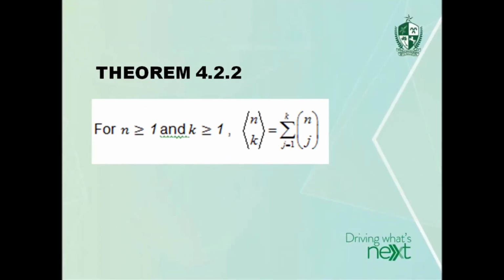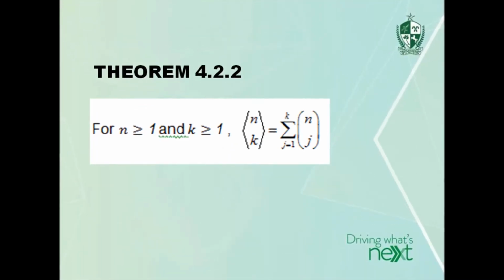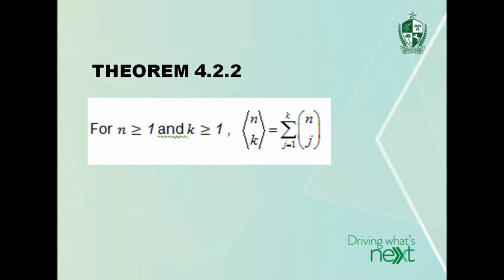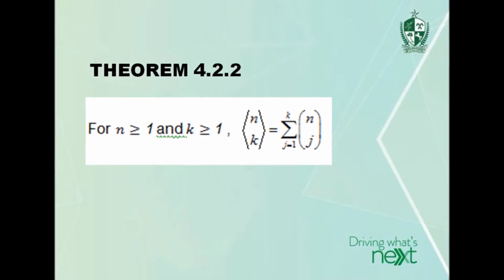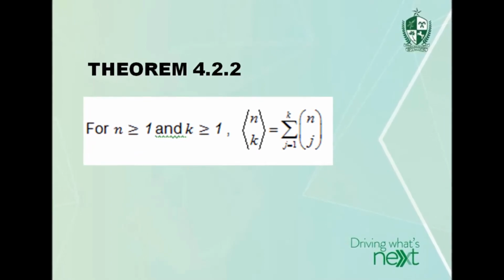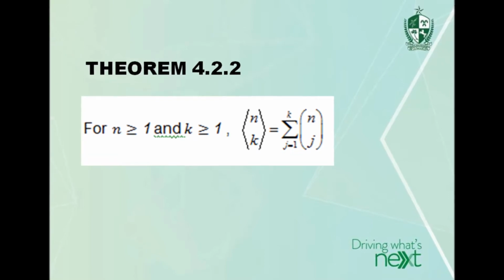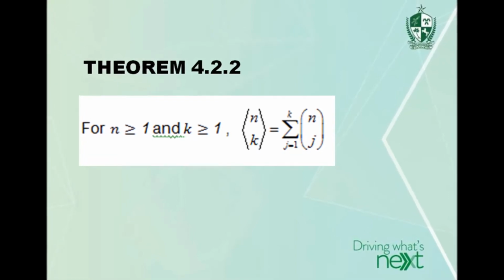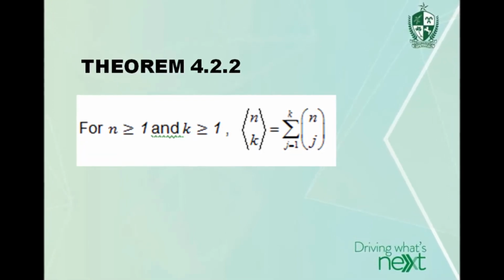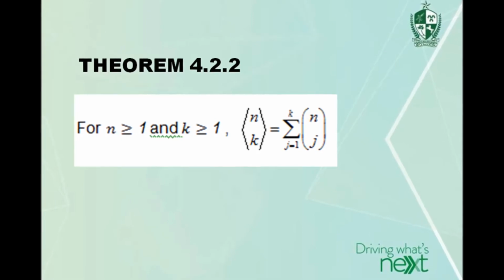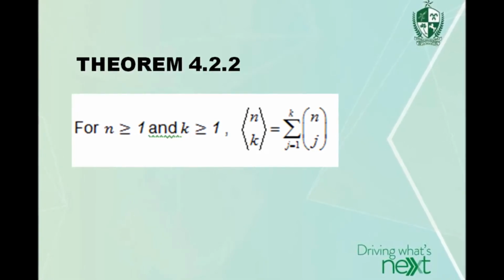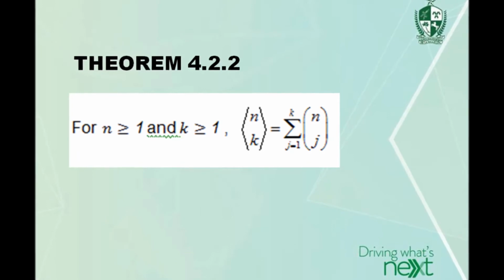Considering the lemmas shown earlier, we are now able to obtain the final result in Theorem 4.2.2, wherein for all n and k greater than or equal to 1, n drop k is equal to the summation of n taken j, where j runs from 1 to k.